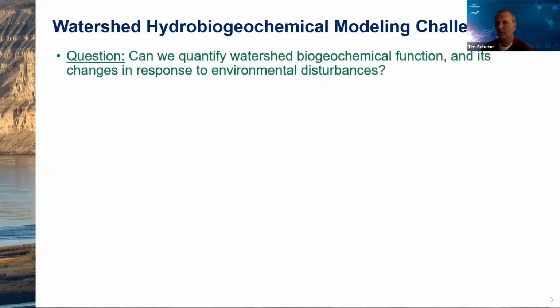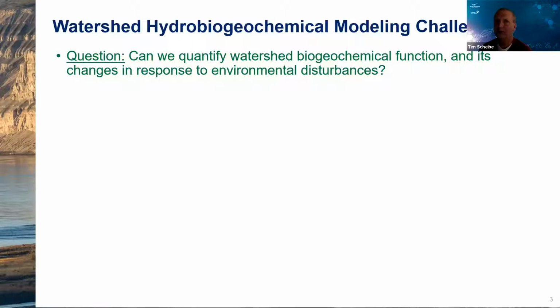And the key question that we want to understand is how can we quantify watershed biogeochemical function? By biogeochemical function, I mean how does a watershed transform the material and energy that's brought into that watershed, the water that comes into the watershed and moves through it and ultimately exits the watershed.